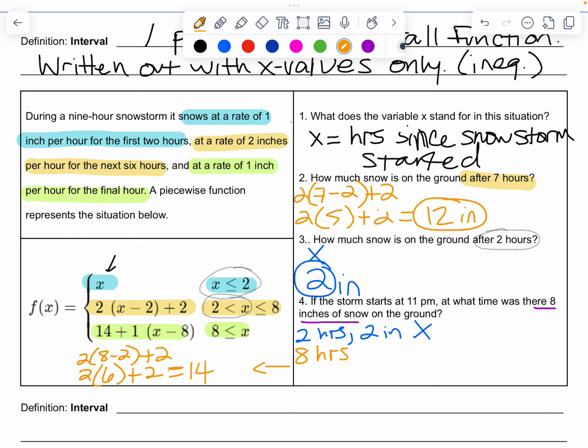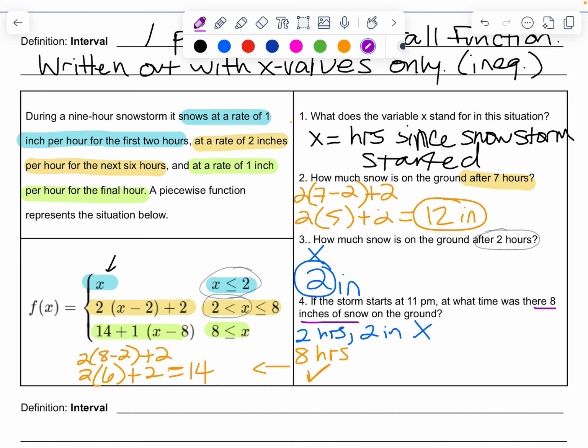Which means at some point during that interval that's going to happen. Well, I'm going to reverse engineer that because it tells me 8 inches of snow. I should be able to take that, plug it into the formula, and figure it out. So I am using the orange, the 8-hour mark. I just have to figure out how much exactly that is.